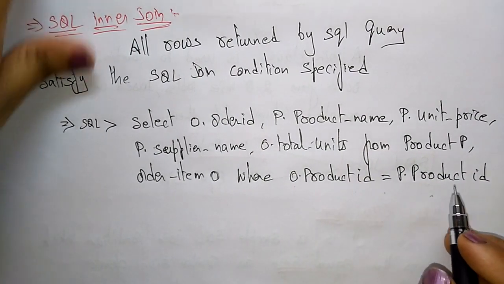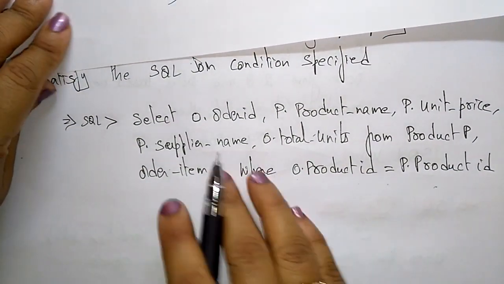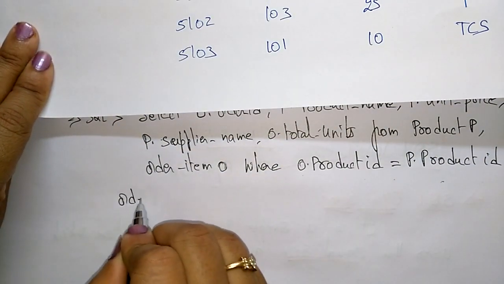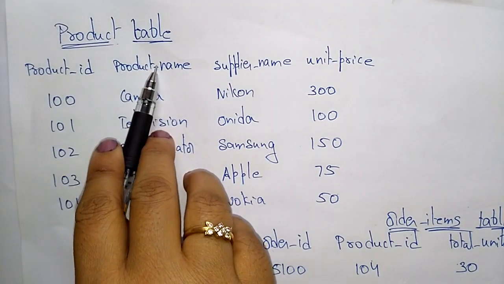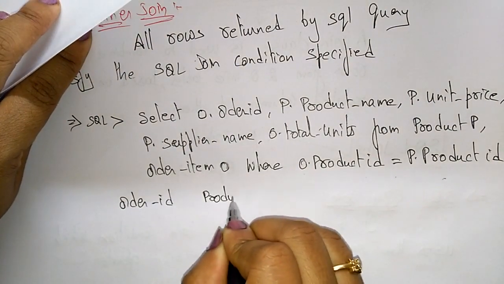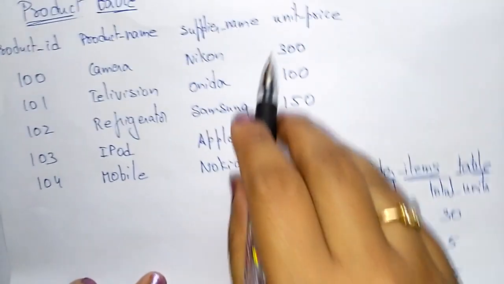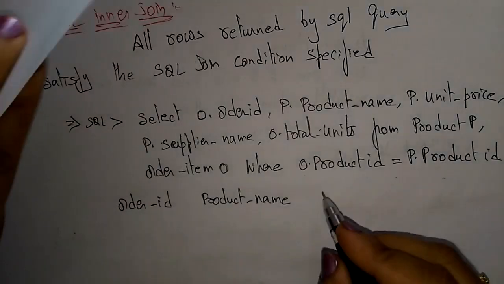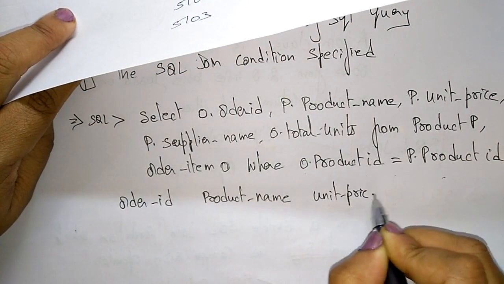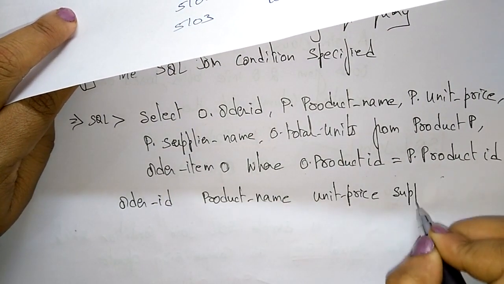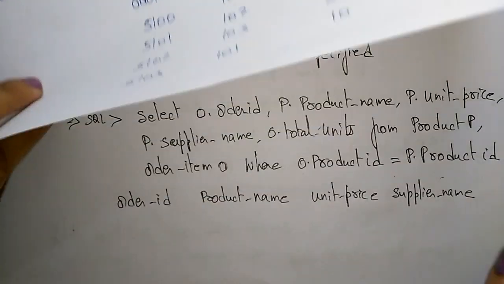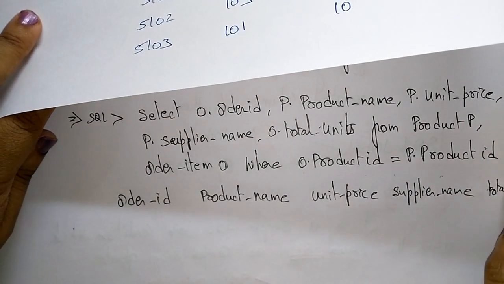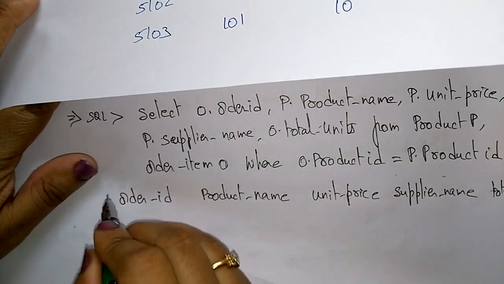First O dot order ID, next P dot product name from the product table, then P dot unit price, P dot supplier name, and O dot total units from the ordered item table.